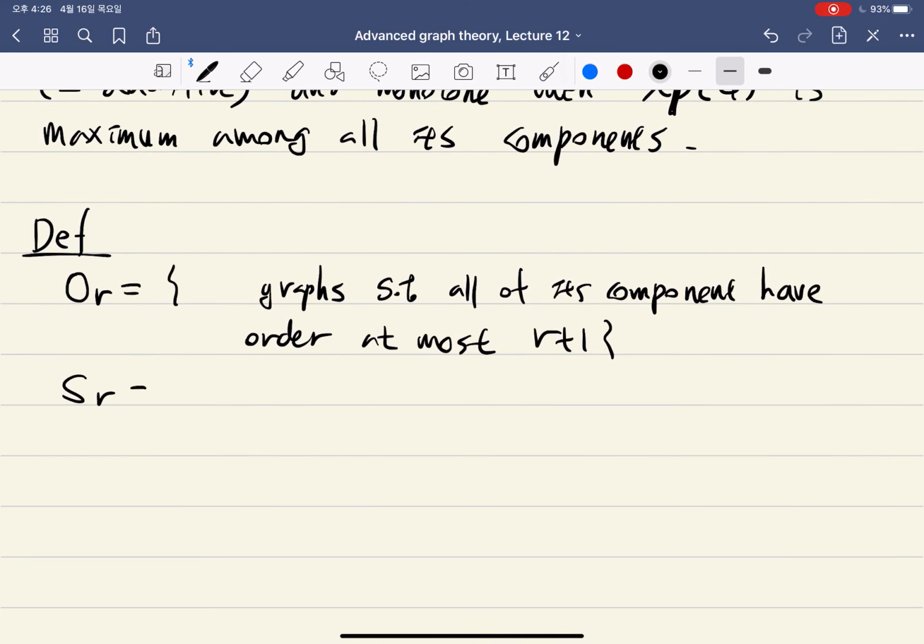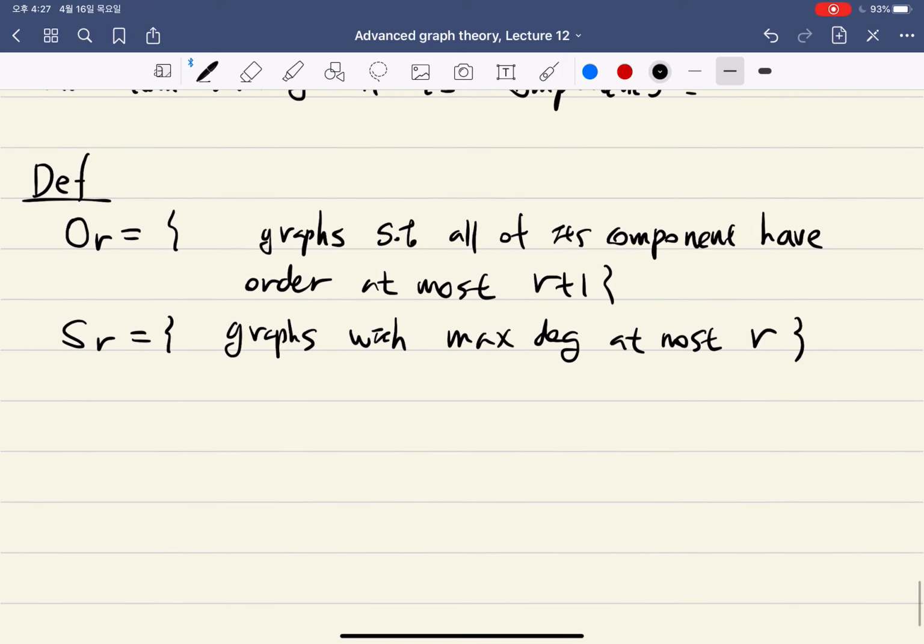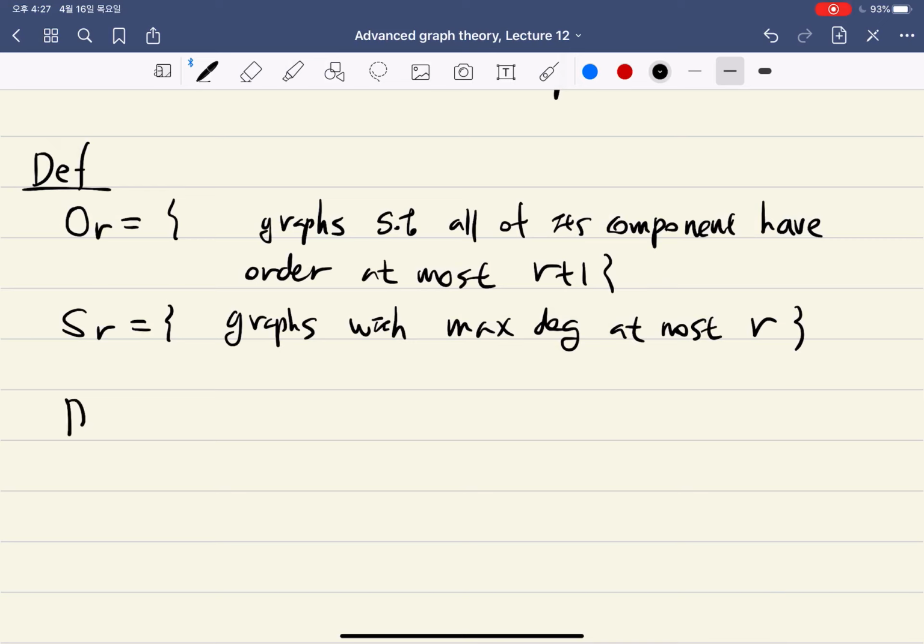And S sub R is the collection of graphs with maximum degree at most R. And D sub R is the collection of R-degenerate graphs.